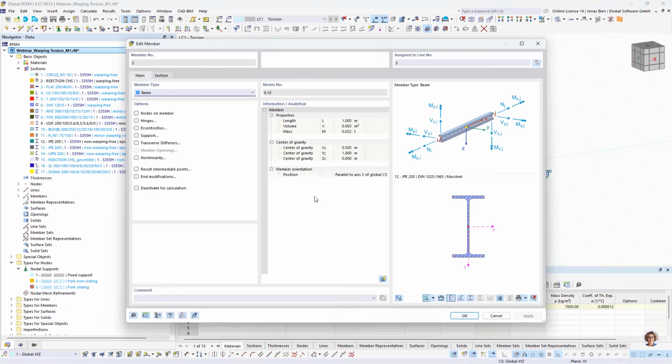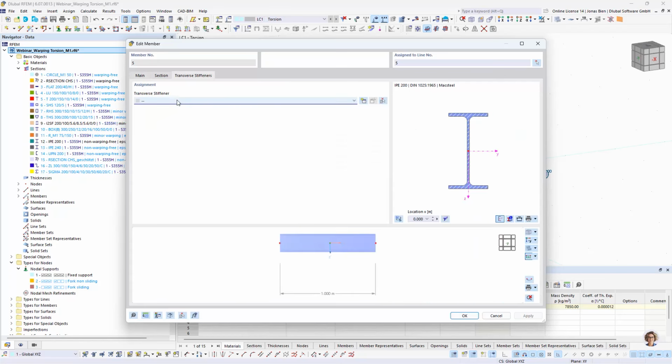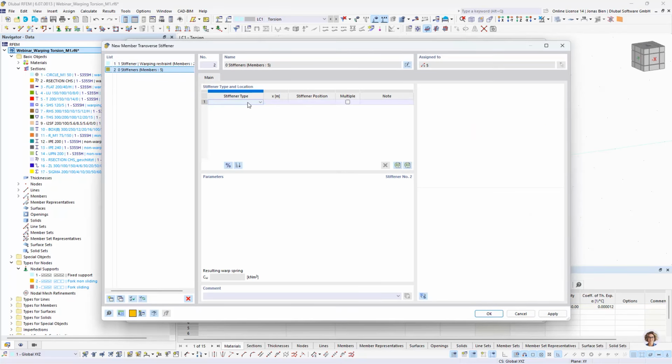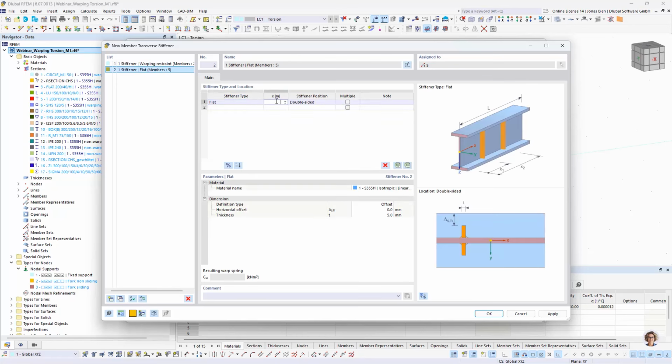So we said that we have a warping restraint when we add transverse stiffness along the member length. So we can do that also by activating transverse stiffness, and then instead of a full warping restraint, we now define, for example, flat stiffeners.